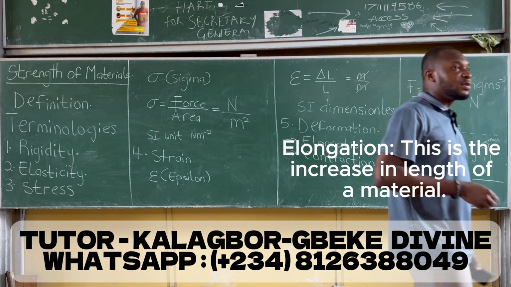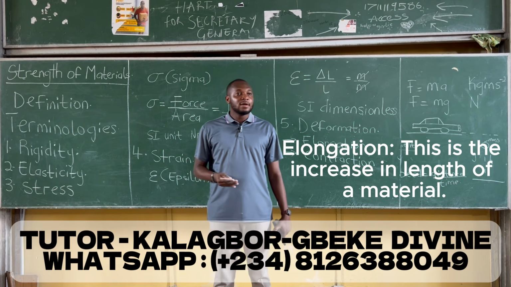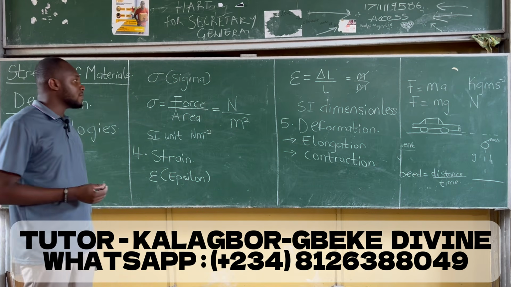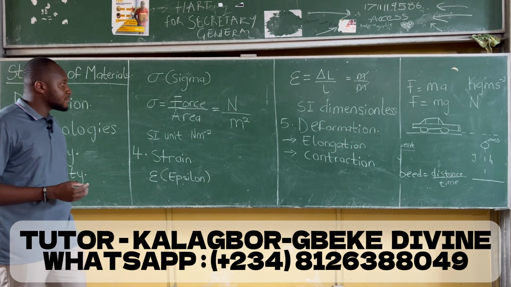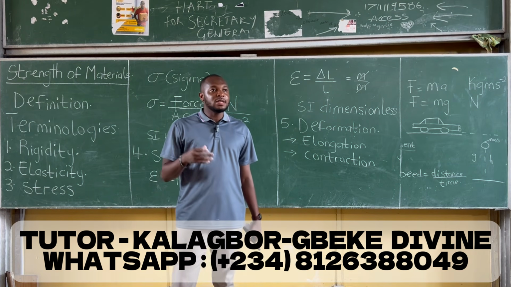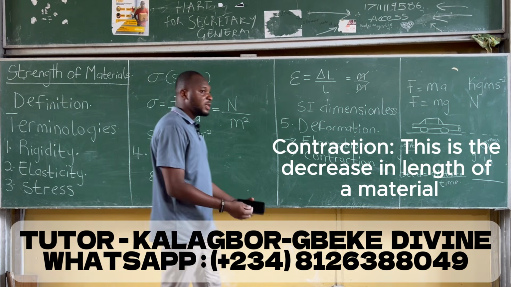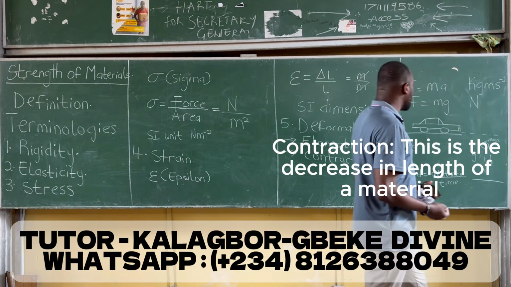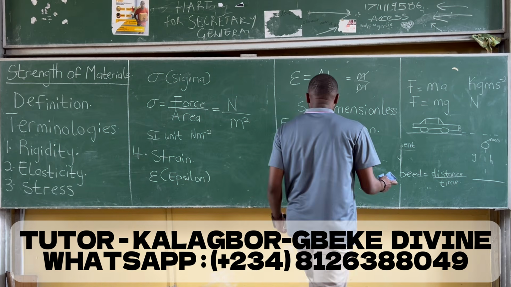Take note: elongation is the increase in length of a material, while contraction, or we call it reduction, is the opposite, the decrease in length of a material. So moving forward, let's look at another terminology.